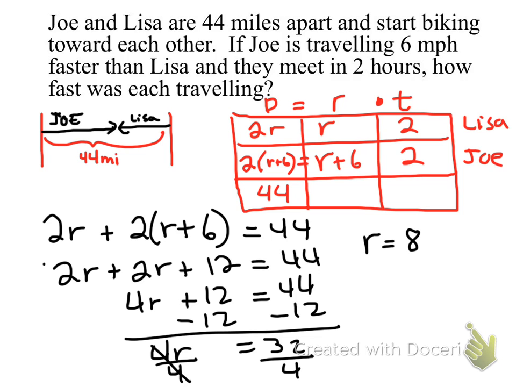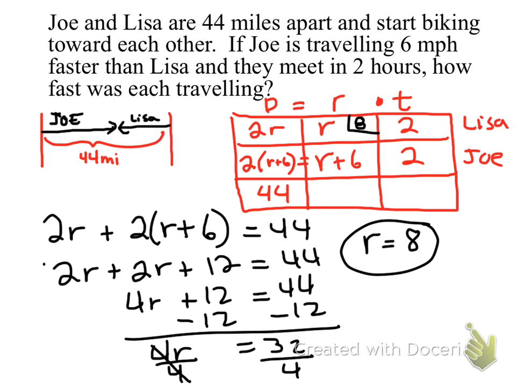Now, what does that mean? R equals 8. Kelly? Lisa is traveling 8 miles per hour.